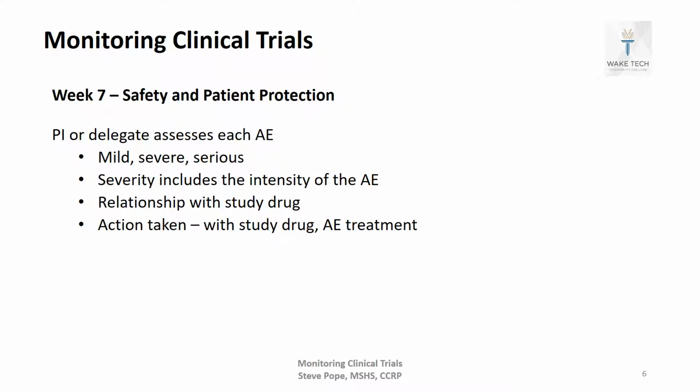You're also going to indicate, or the site is going to record, the action taken with the study drug, and also the treatment or non-treatment for the adverse event. So an adverse event might occur and you stop the study drug for a period of time, and then you also provide some treatment for the adverse event.